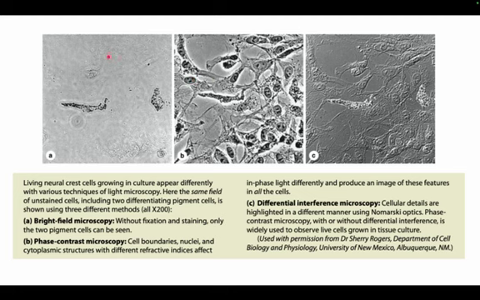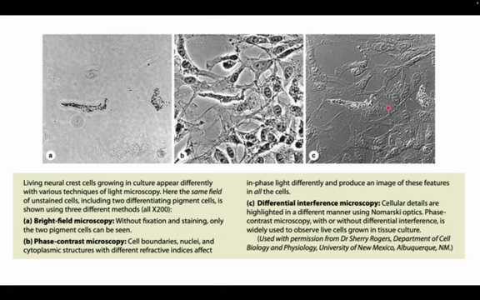Here, I don't think you can even tell that the cells are present properly. You can see maybe the outline of some nucleus, maybe the outline of a cell. But if I look at it in phase contrast microscopy, suddenly it's far more obvious where the cells are, where the nuclei are. You can even see some organelles inside the cell. So this is phase contrast microscopy, this is differential interference microscopy.